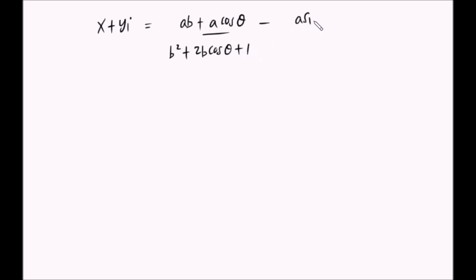So x plus yi will be ab plus a cos theta over our denominator which is b squared plus 2b cos theta plus 1, minus a sin theta over our denominator.